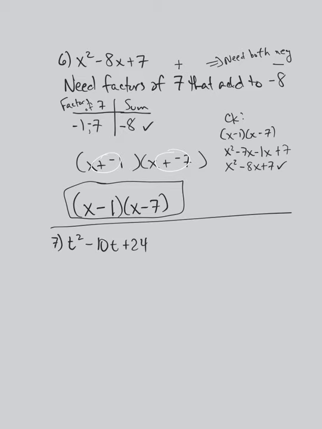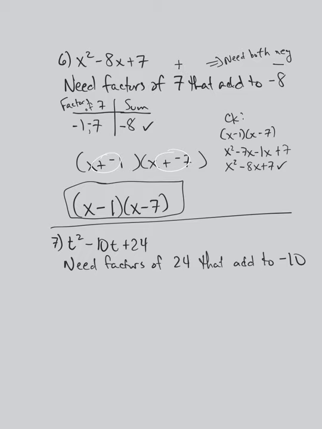All right, let's look at one that's a little bit more complicated. So t squared minus 10t plus 24. We need factors of positive 24 that add to negative 10, right? The middle. So we need factors of the constant that add to the middle.